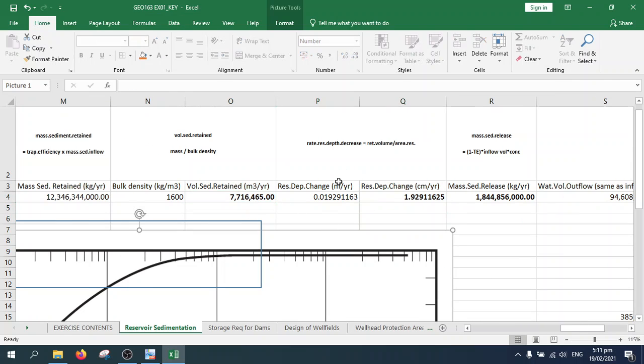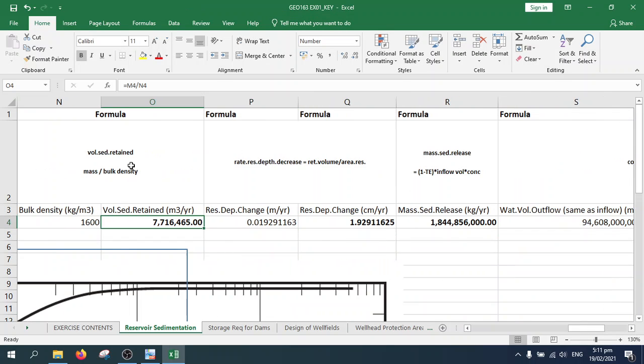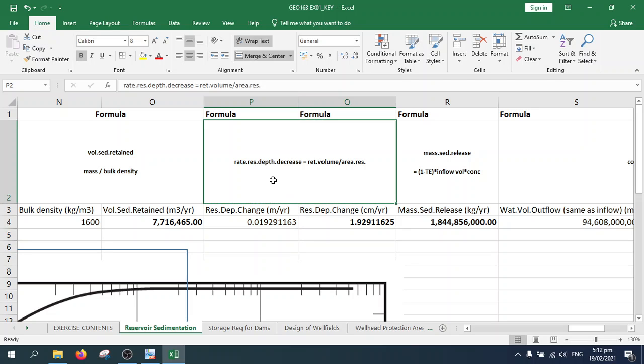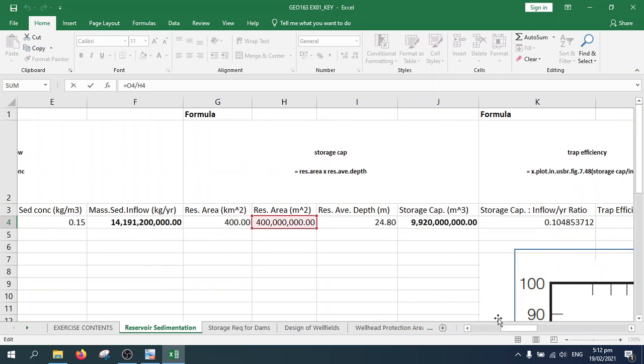All right. So anyway, let's go back to the problem. So we answered the first question, which is how much volume is being retained in the dam per year. So that's 7.7 million cubic meters per year. Now the next problem is what is the rate of decrease in depth or height of the dam per year? So this is an easy question. All you have to do is to take the volume change per year and divide it by the area of your dam.